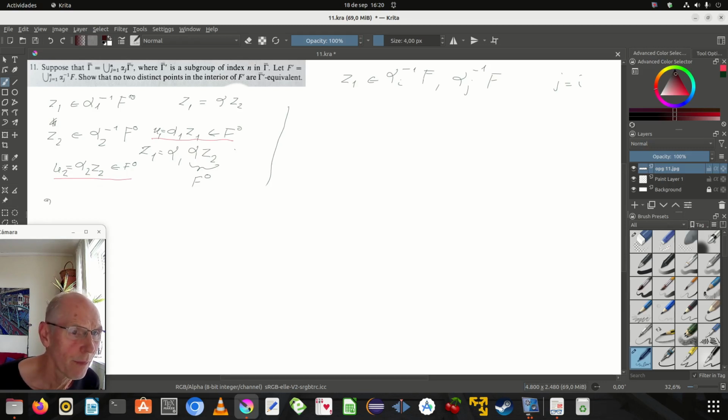And alpha 1 to the minus first U1 equals Z1 equals alpha 2 to the minus first U2. So we get alpha 1 is equal to alpha 1 alpha 2 to the minus first U2.